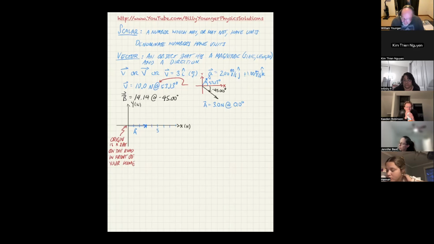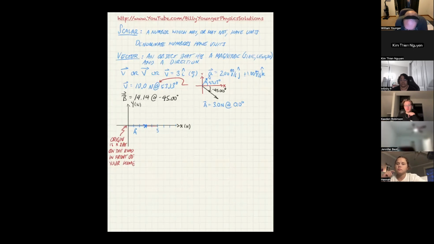So let's say at the end of your 3 meter, 3 newton walk, you then take another walk of say 5 meters. Do I want five? No, let's say four. Yeah, we'll take another walk of 4 meters. This one I'll do in red just to keep it separate so you can see the difference.